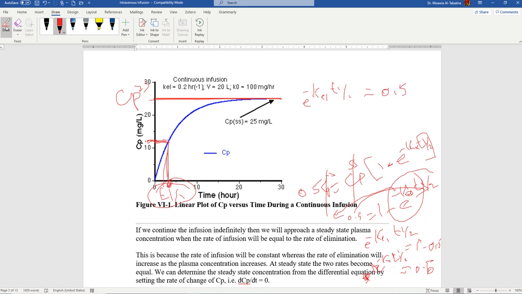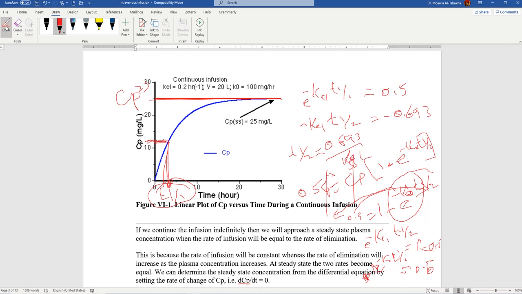If I take ln both sides, I get minus KL t half is equal to minus 0.693. Negative goes with negative, and we are left with t half is equal to 0.693 over KL. What a surprise!